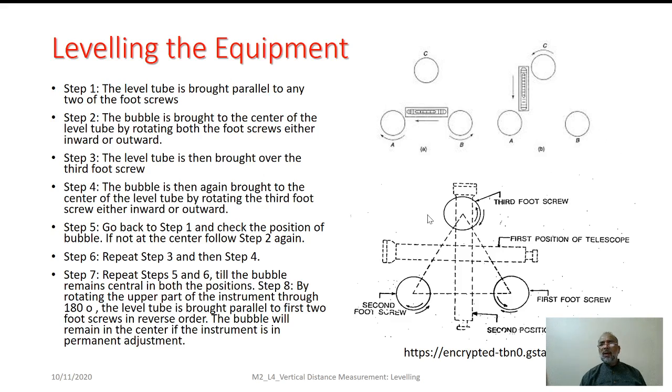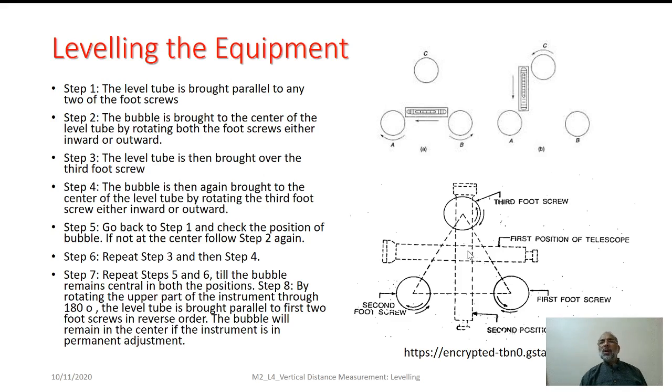Here in the lower part of the figure, what you see is the telescope made parallel to any two foot screws, whereas the vertical direction of the telescope indicates that it is brought to its second position, so as to make the axis perpendicular to its earlier position. Now, by making use of the third foot screw, bring the bubble to the center again.